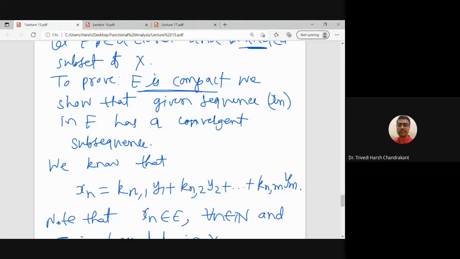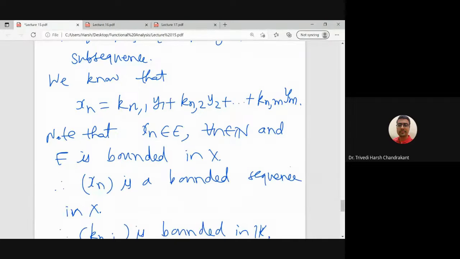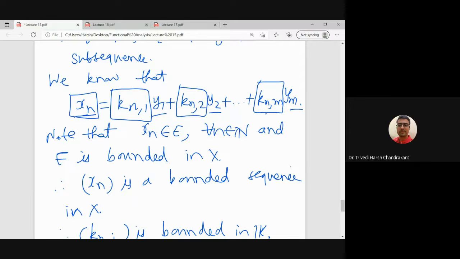By our known result, since xn is an element of a finite dimensional space, we get the corresponding coordinate sequences: the first coordinate sequence, the second, up to the mth coordinate sequence.